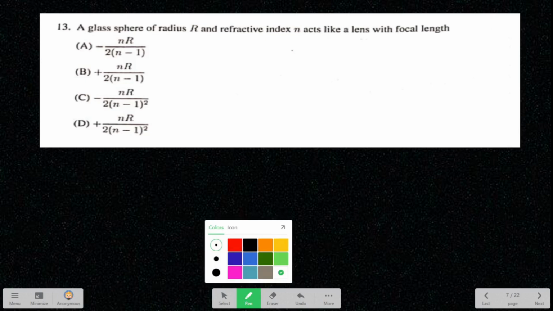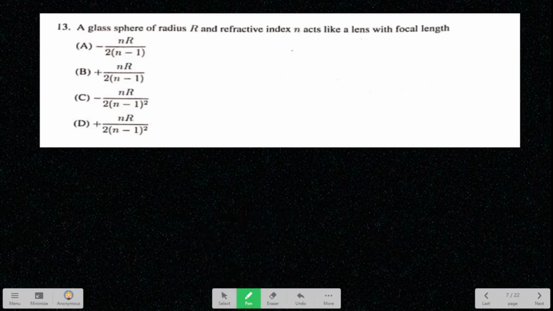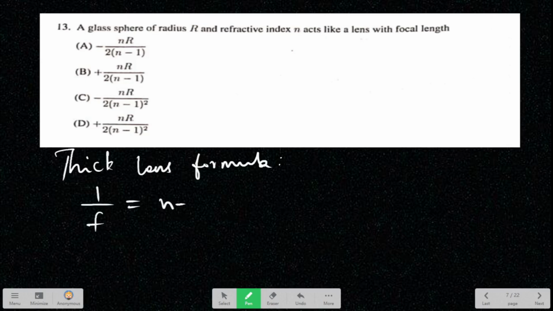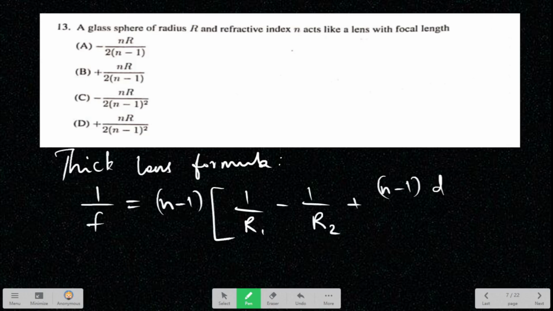So the thick lens formula is 1 by f is equal to (n minus 1) into (1 by r1 minus 1 by r2) plus (n minus 1) into d divided by n r1 r2.